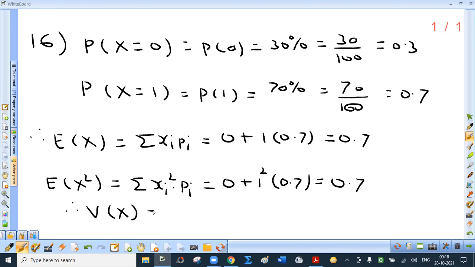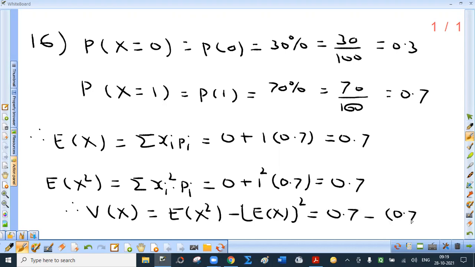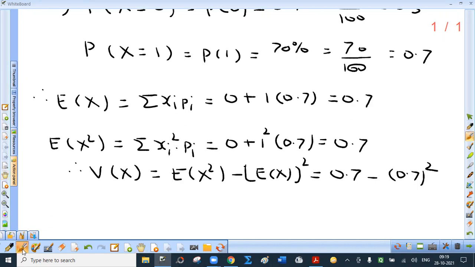So what is variance x? Substitute the values. E of x square minus square of E of x. That is 0.7 less 0.7 square. So find out. That is 0.7 less 0.49, which is nothing but 0.21.